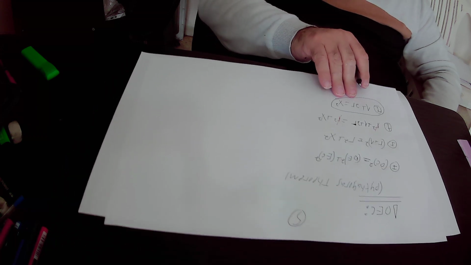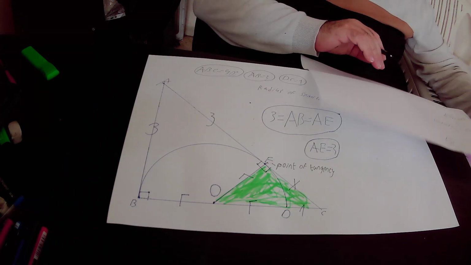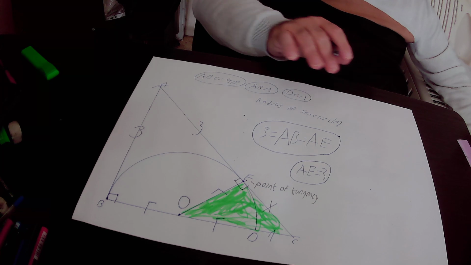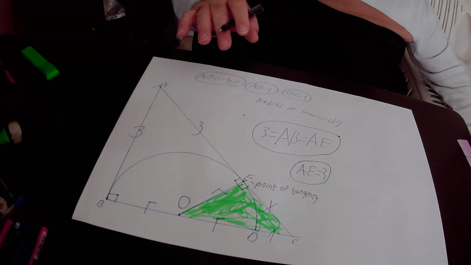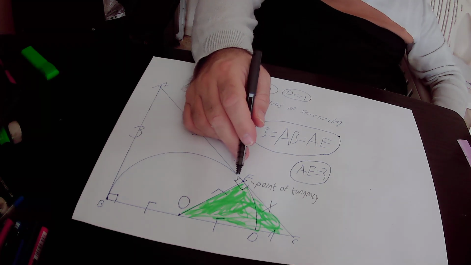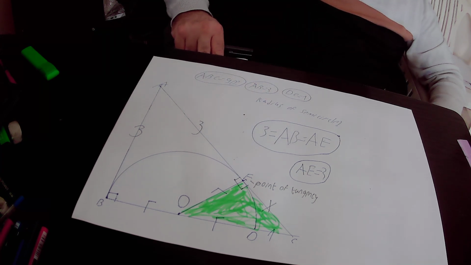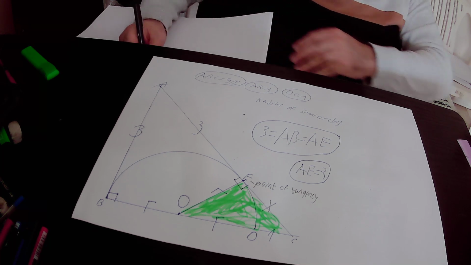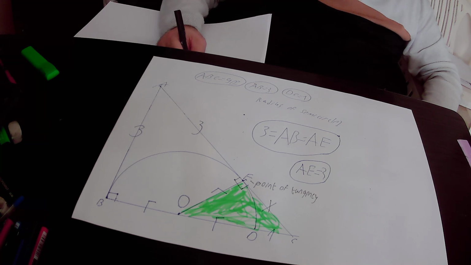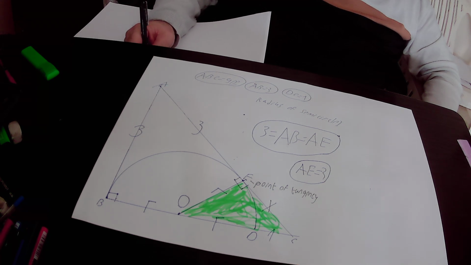Okay, so in the next step we will focus on the right big triangle ABC, and we will also focus on the small green right triangle OEC. Okay, so write it down. We will focus on triangle ABC and triangle OEC.